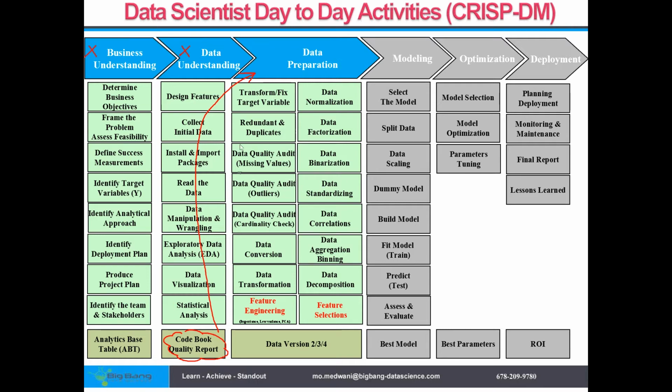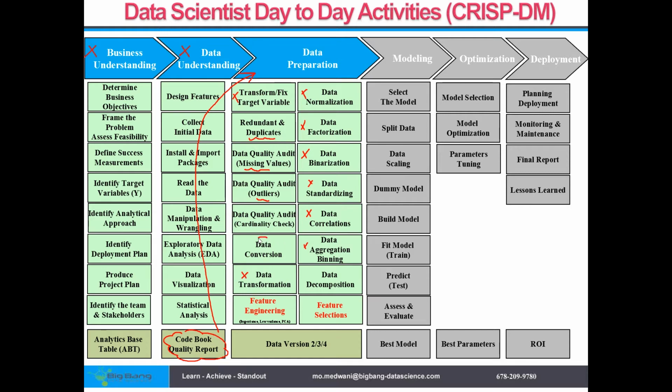So in brief, we talked about normalization, factorization, binarization, standardization. We learned about correlation analysis and aggregation. We looked into missing values and outliers. We talked about the target variable, and duplicate and redundant data. And we talked about transformation yesterday.